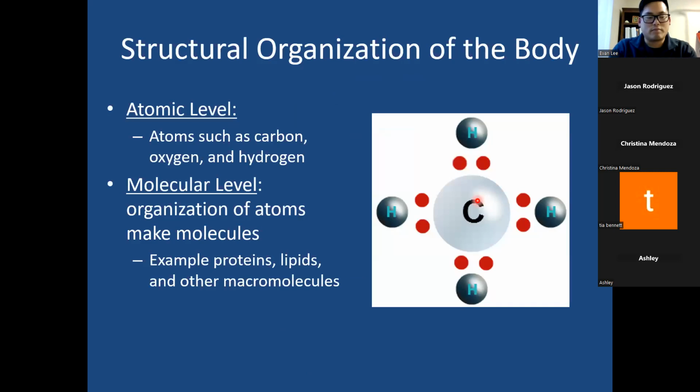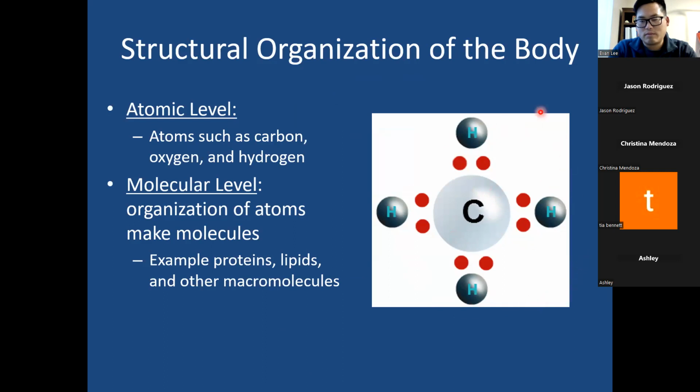So let's take a look at what we have here. Starting at the smallest, we have the atoms. The atoms, once again, the carbon, the oxygen, the hydrogen, the nitrogen, are the very basic elements in the world. But combining those together, that's where you get the molecules. In this case, you have combined 1 carbon and 4 hydrogens.